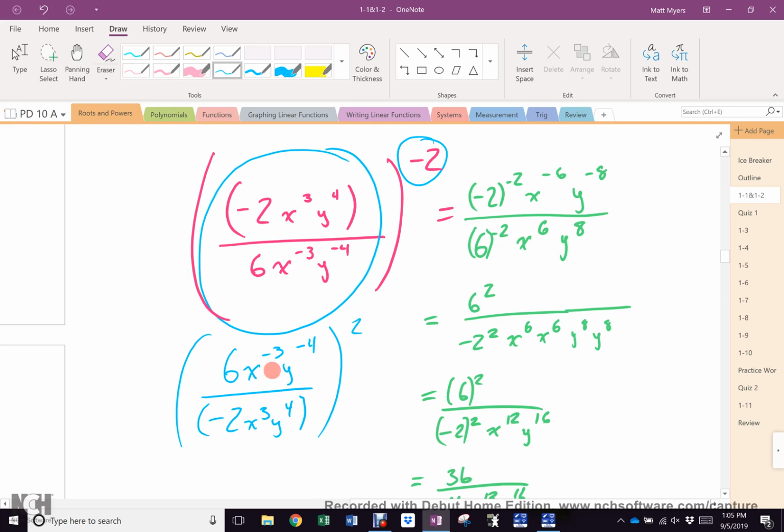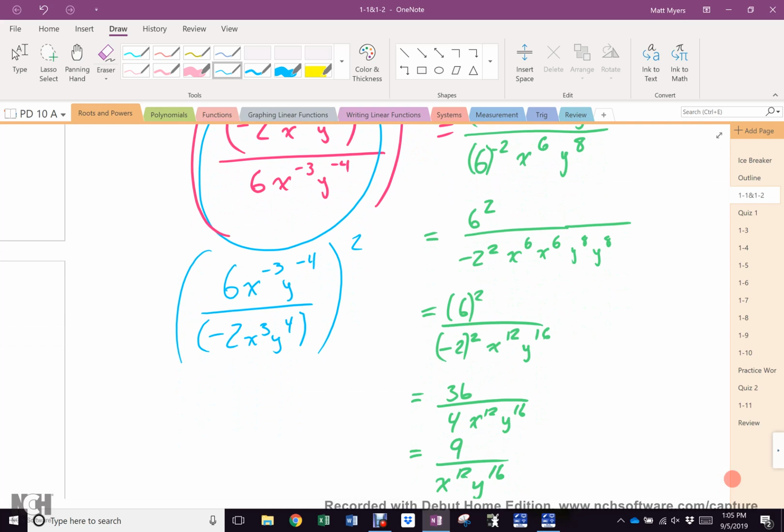Because it's flipped, that's now positive. And then I would have looked at inside here first because I don't want to distribute that 2 1,000 times. So I would have gone, okay, well, 6 divided by -2 is -3. -3 minus 3 is -6, right?